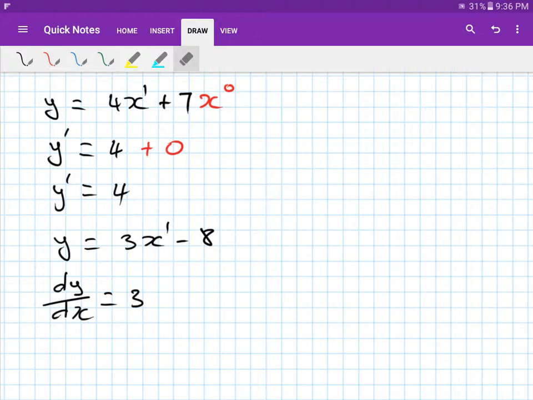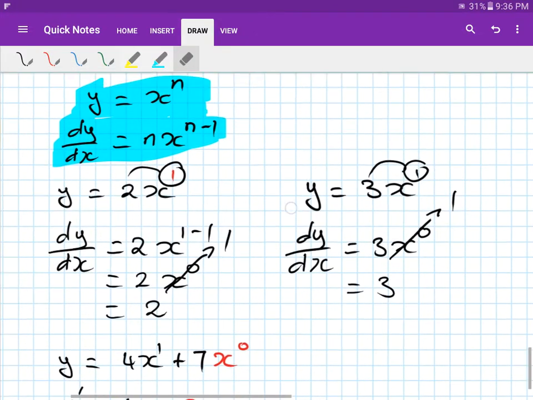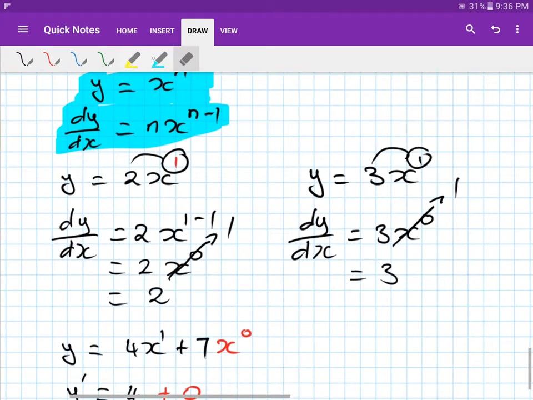Okay, let's recap what I did so far. I'm going to highlight the functions and the gradients. So this is y equal 2x. I differentiate this, it gives me 2.